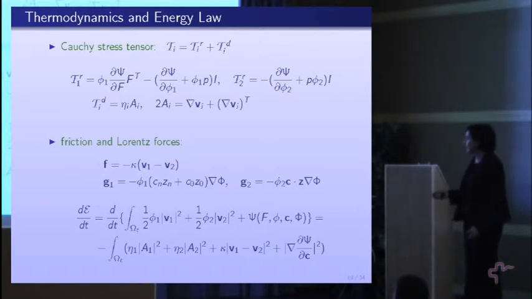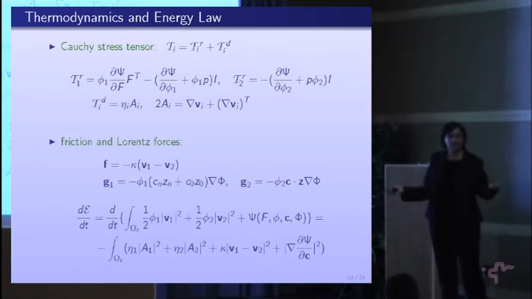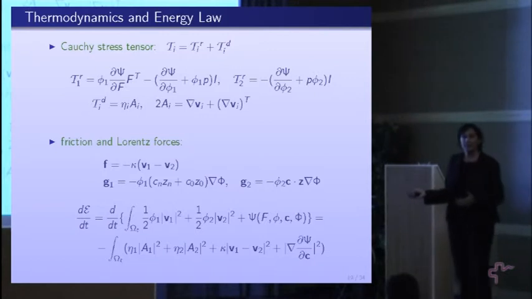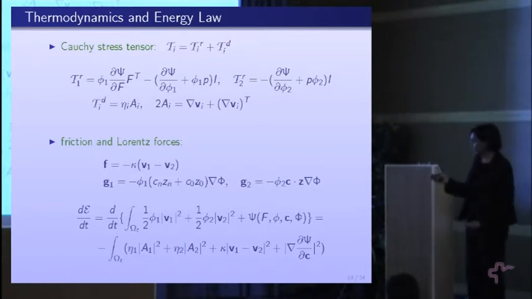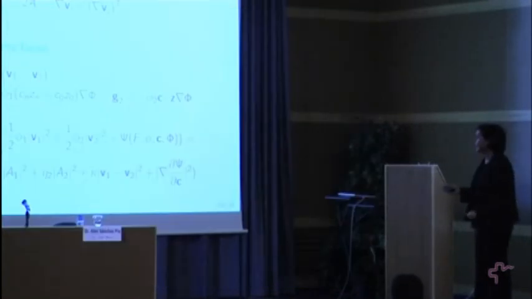In this case, we have the decay of the energy, because we can write the total derivative with respect to time of the energy E as a sum of positive numbers with a negative sign in front. So this is a system that dissipates energy and satisfies the second law of thermodynamics. In a way, we are now confident that we can use it and it's not going to be physically badly posed.